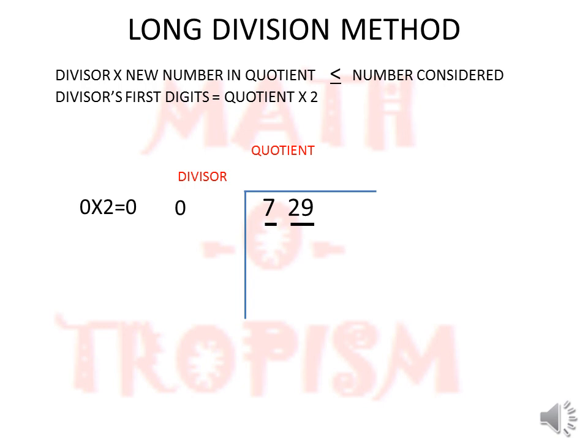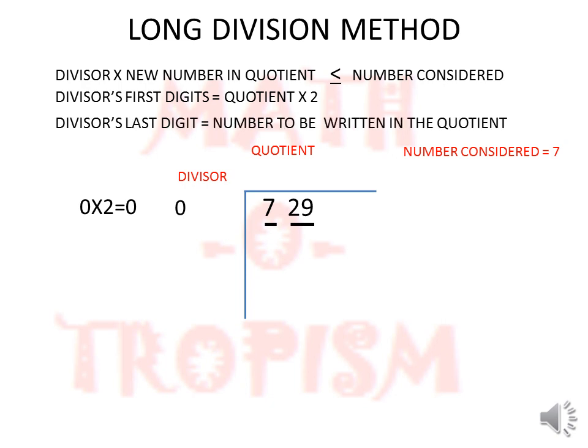Next we go to the third rule. First let me take what is the number considered. First we are going to consider the first pair, which is just the 7 alone. So we need to put a number in the divisor's last digit and in the quotient.